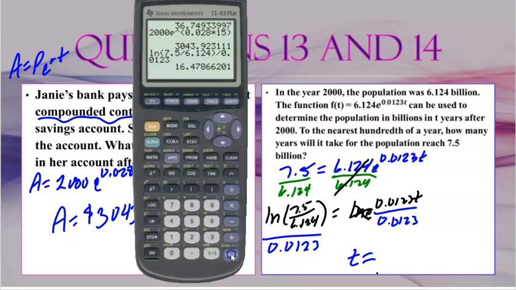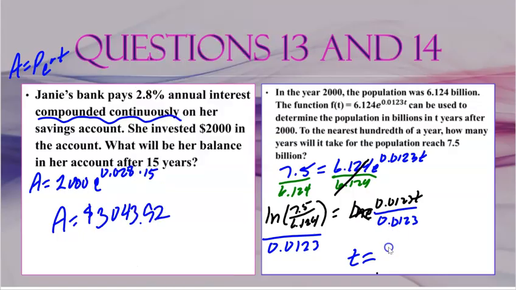That gives us an answer of 16.478. That 8 tells us to round the 7 up. So this would be 16.48 years. So as a quick review on working with logarithmic functions.